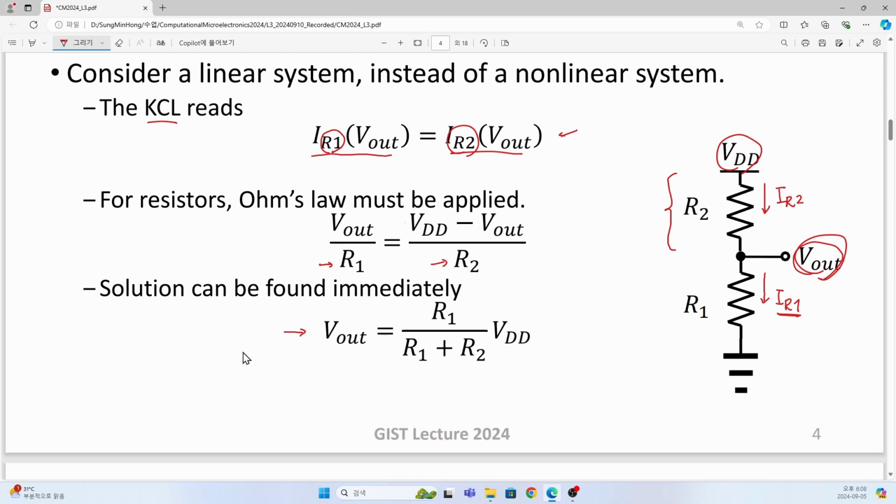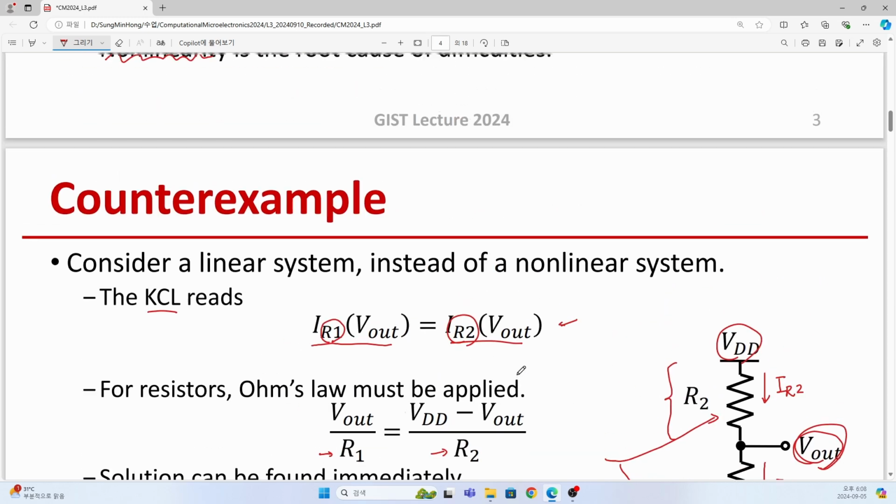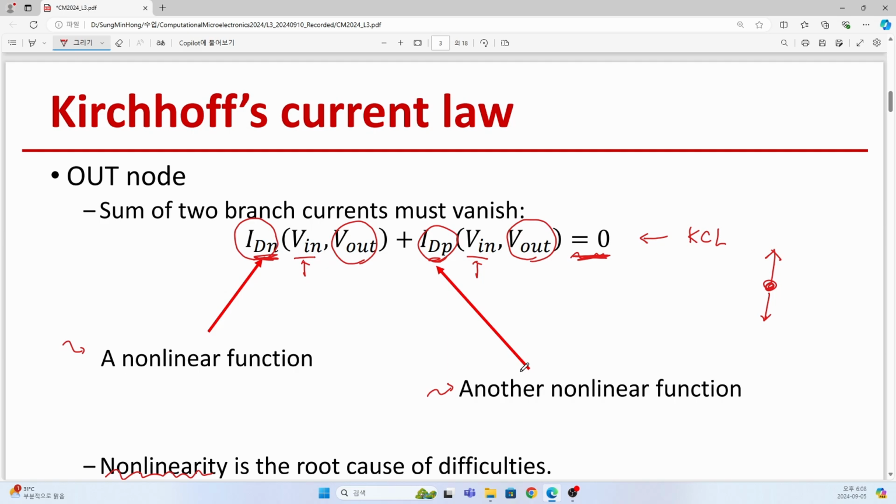So simply speaking, if we are considering linear circuit elements like resistors, then the problem becomes quite simple. However, if we consider nonlinear elements, then our KCL becomes quite complicated.